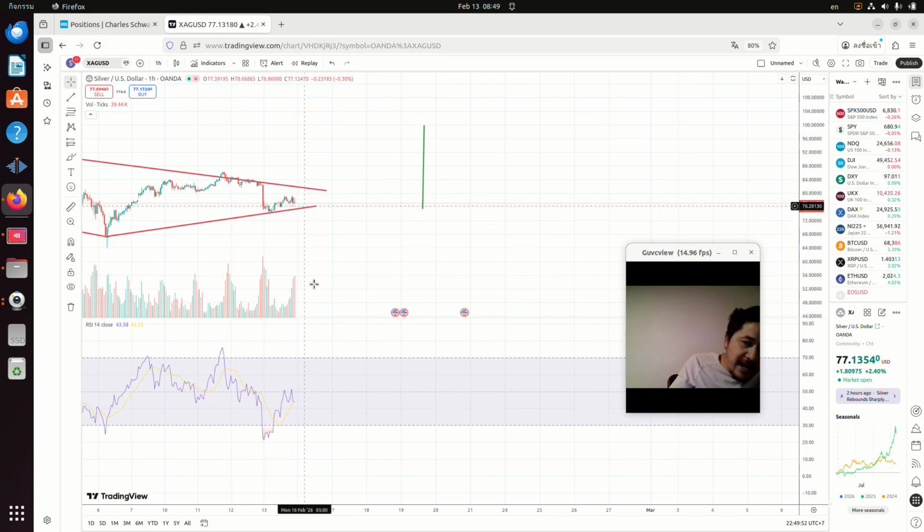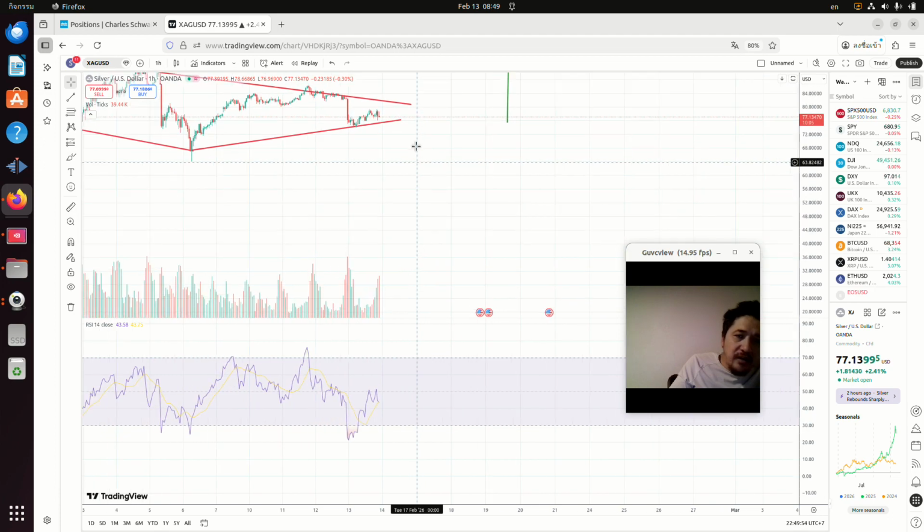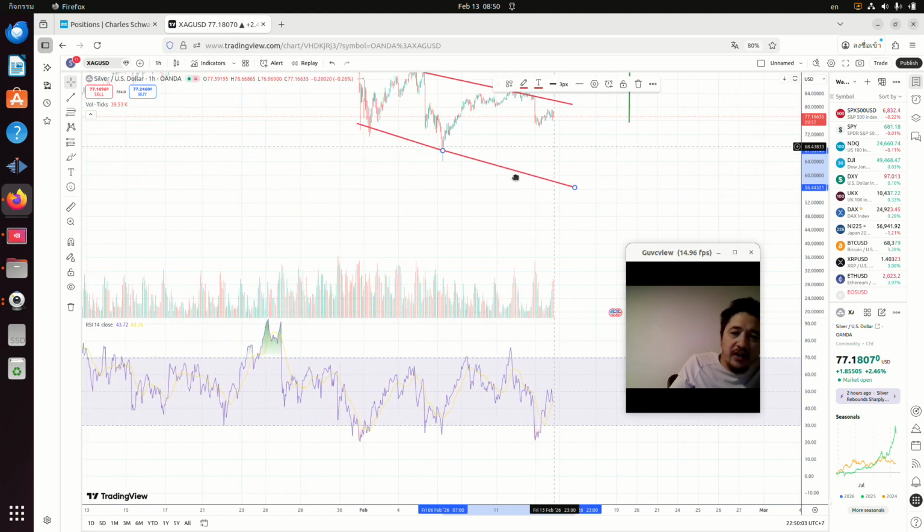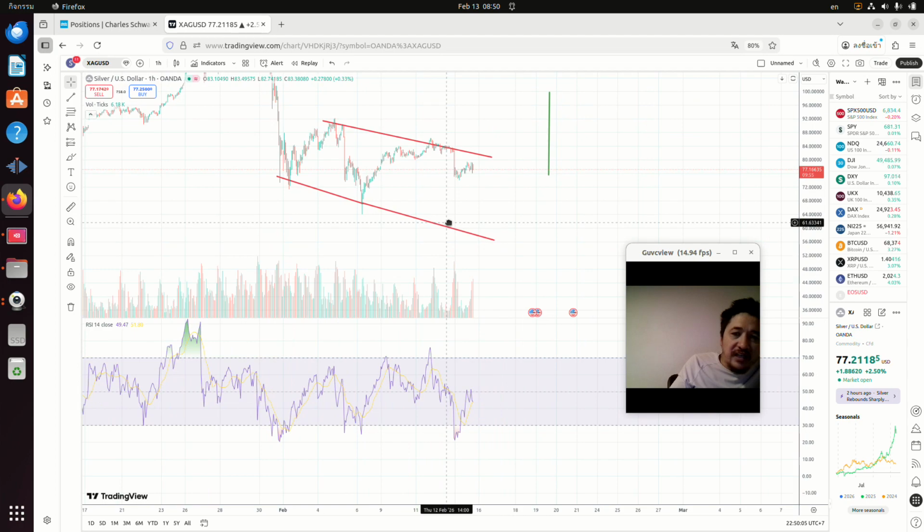If it breaks down, then likely the pattern that is forming is actually a descending channel, which is technically bearish at this point, right? So it could come all the way back down to this trend line here of this descending channel. It is likely to do that.